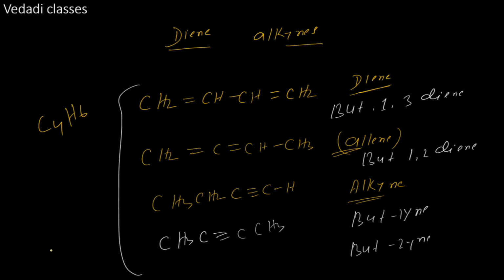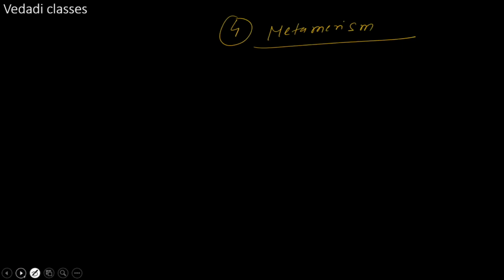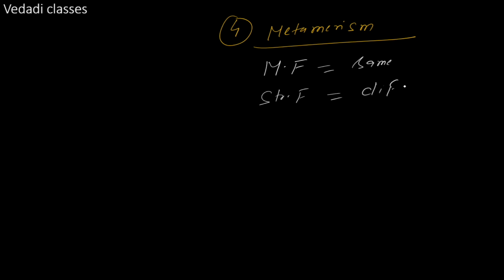Now we'll discuss the next one, the fourth one, known as metamerism. So what's about the metamerism? Since it is a structural isomerism, the molecular formula is the same. The structural formula, obviously, will be different. Why is it different?